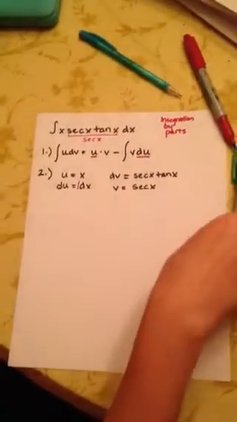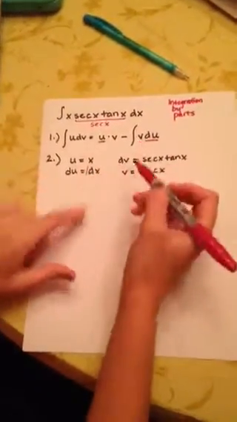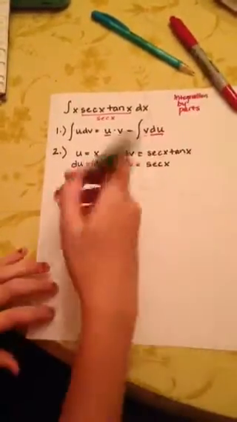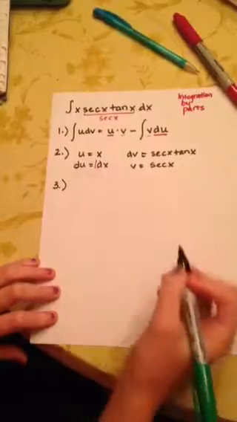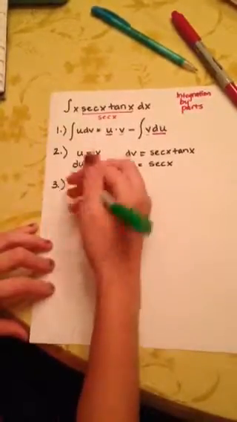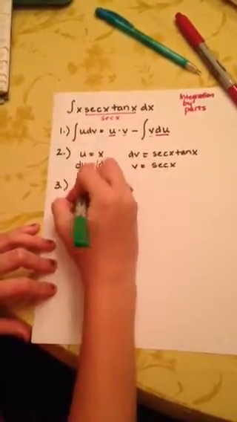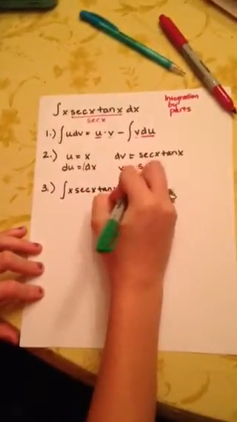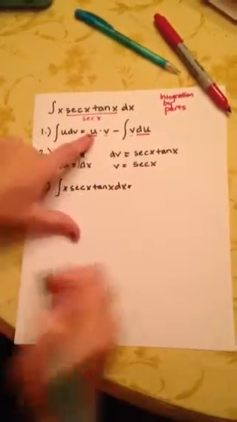So we have our dv and our v, and we have everything we need. So all we have to do now is just plug it into the equation. First things first, let's write our original: the integral of x secant of x, tangent of x, dx equals u times v.